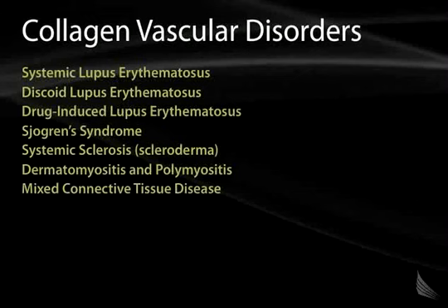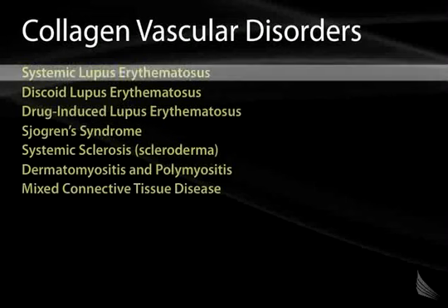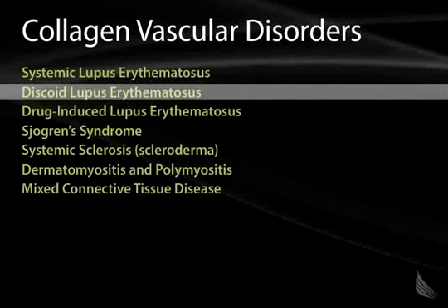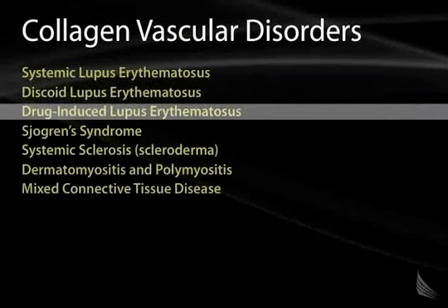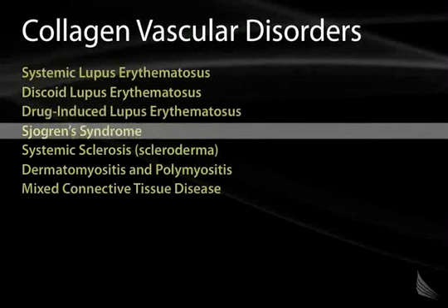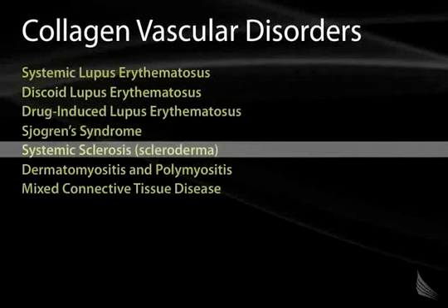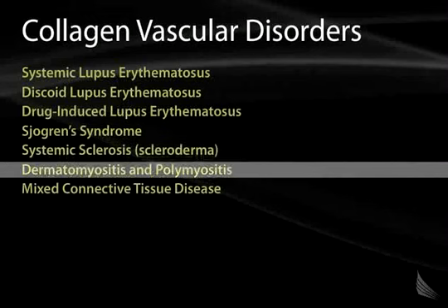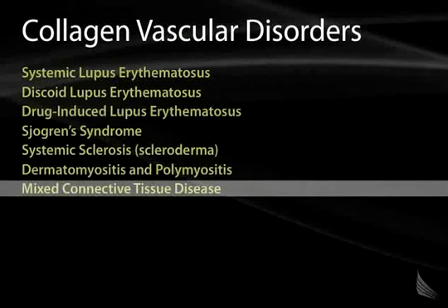So the collagen vascular disorders that are most often seen on board exams as well as in the clinic are systemic lupus erythematosus, discoid lupus erythematosus, and drug-induced lupus erythematosus, as well as Sjogren's syndrome, scleroderma or systemic sclerosis, dermatomyositis and polymyositis, as well as mixed connective tissue disease.